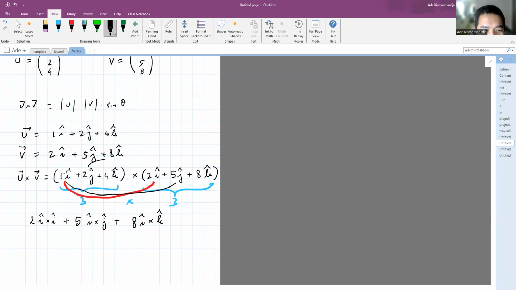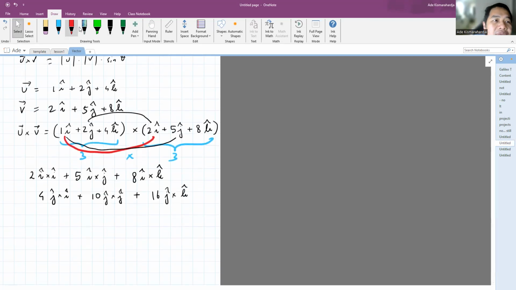Now we have the next one, which is 2j cross 2i. So let's write here 2 times 2, that's 4, so 4j cross i. Next, 2j cross 5j, so 10j cross j. And then 2j cross 8k, so 16j cross k.